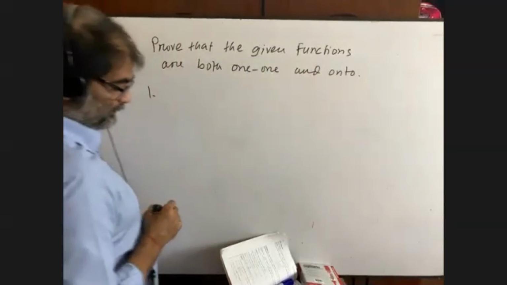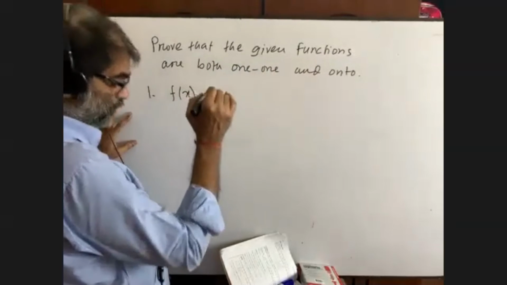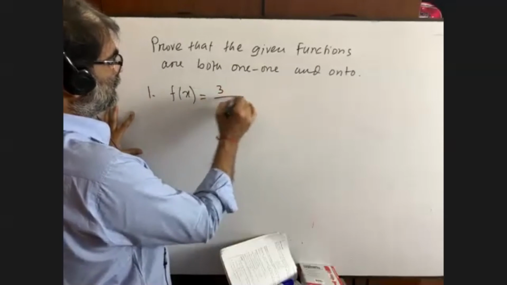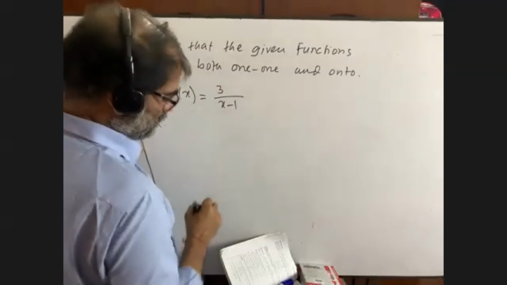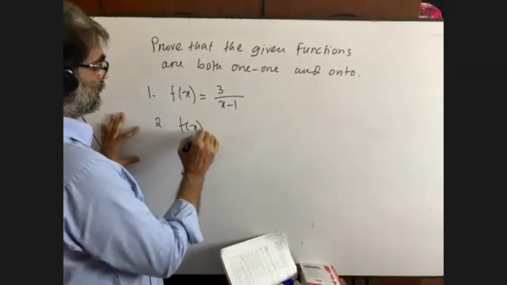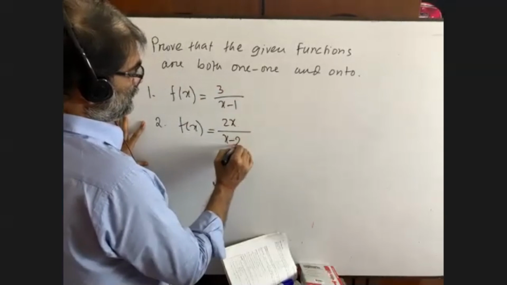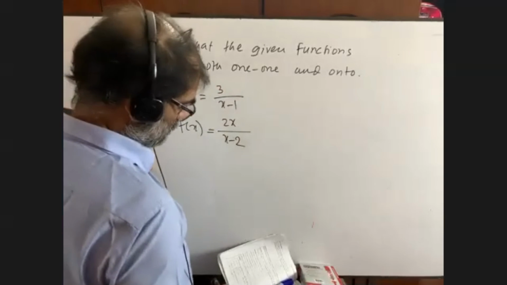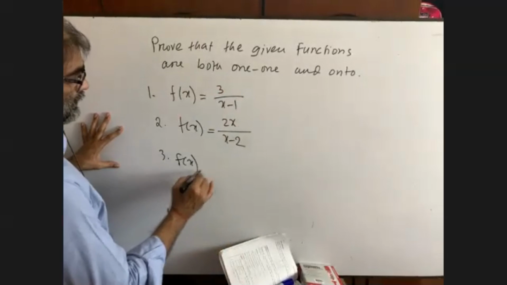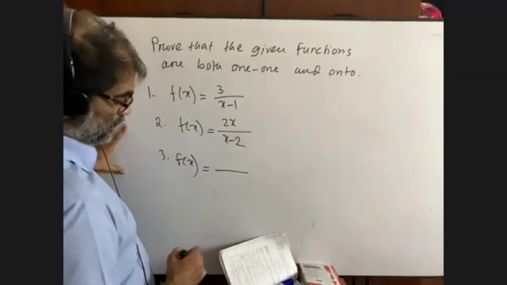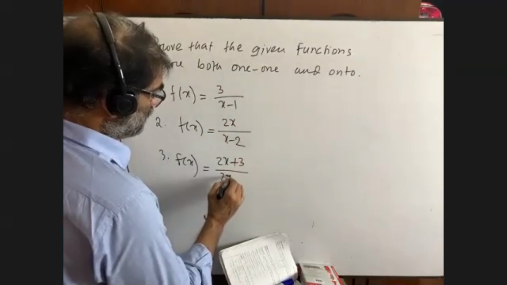Number 1, f(x) is equal to 3 by x minus 1. Number 2, f(x) is equal to 2x by x minus 2. Number 3, f(x) is equal to 2x plus 3 by 2x minus 1.